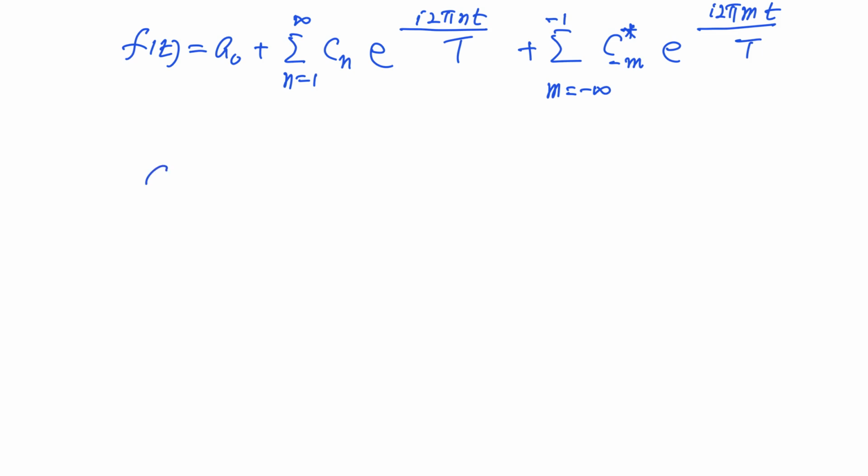So let's consider Cn. That is an plus 1 over i bn, right?